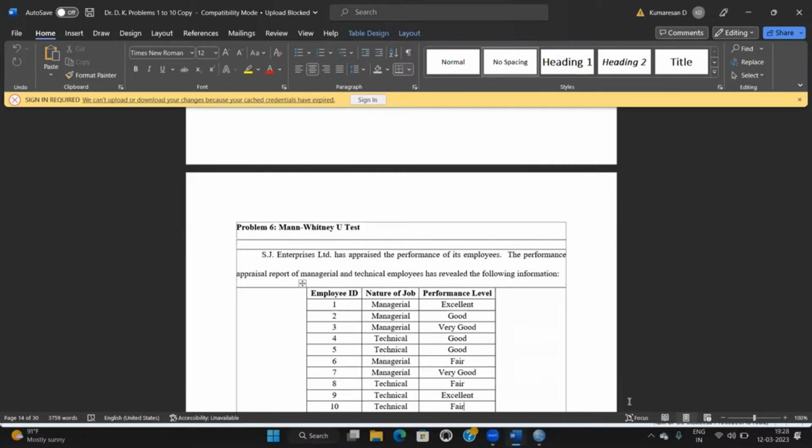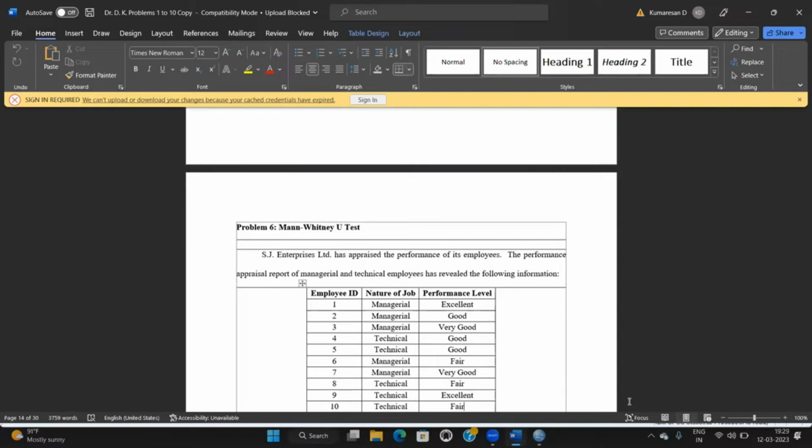Then, based on the dependent variable, whether it is scale data or ordinal data: if it is scale data, we apply the independent sample t-test. If it is ordinal data, we apply the Mann-Whitney U test. That's all.